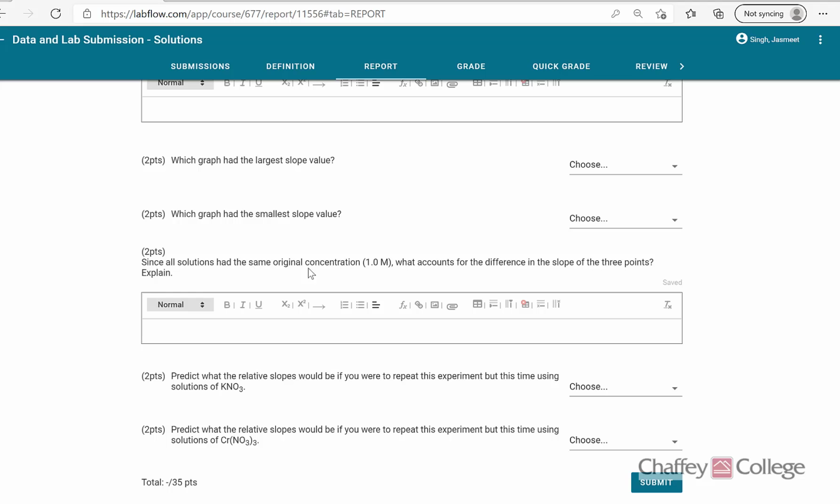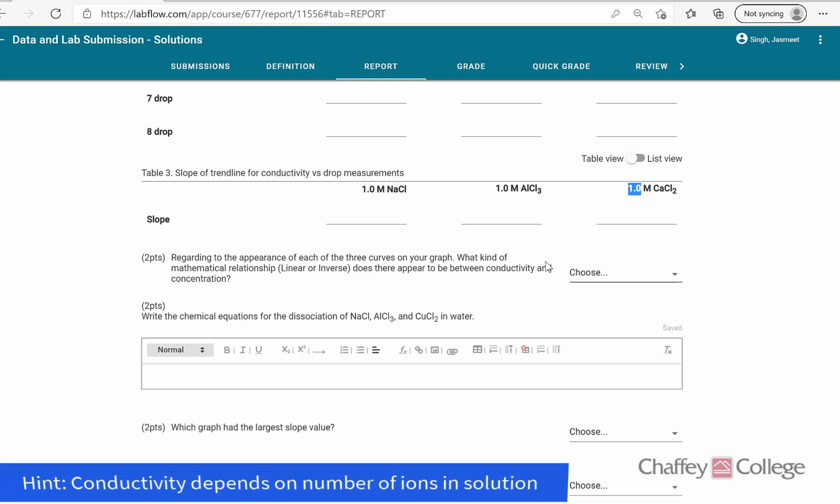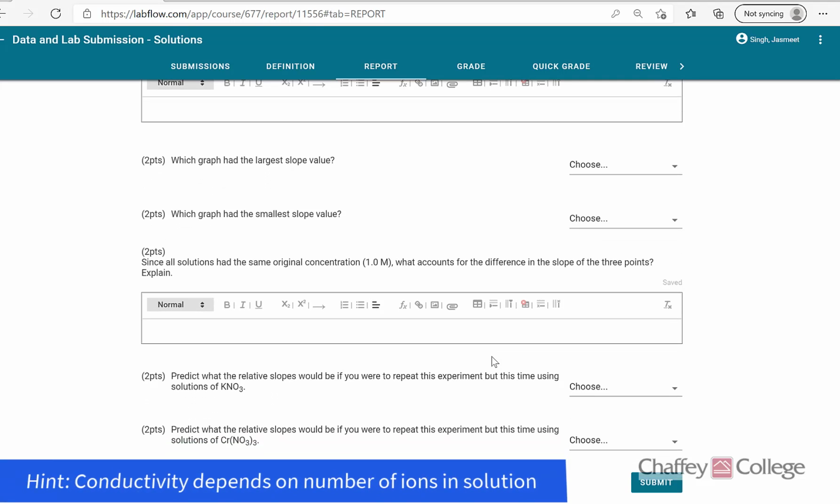Since all solutions had the same original concentration, what accounts for the difference in the slope? The starting value of concentration is exactly the same, and if the slope values are higher in one case or the other, you need to come up with a reason why any particular solution has a higher slope or higher conductivity.